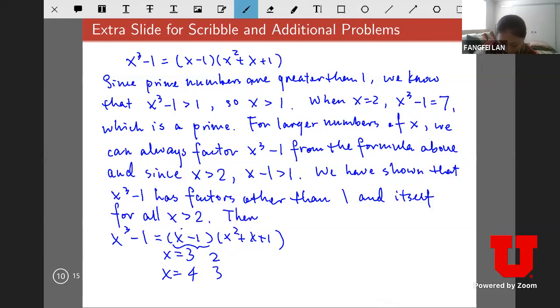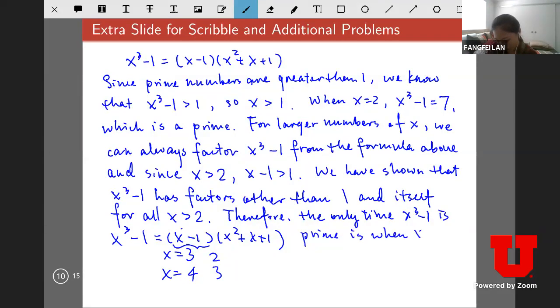Therefore, the only time x cubed minus 1 is prime is when x is equal to 2, and x cubed minus 1 is 7.